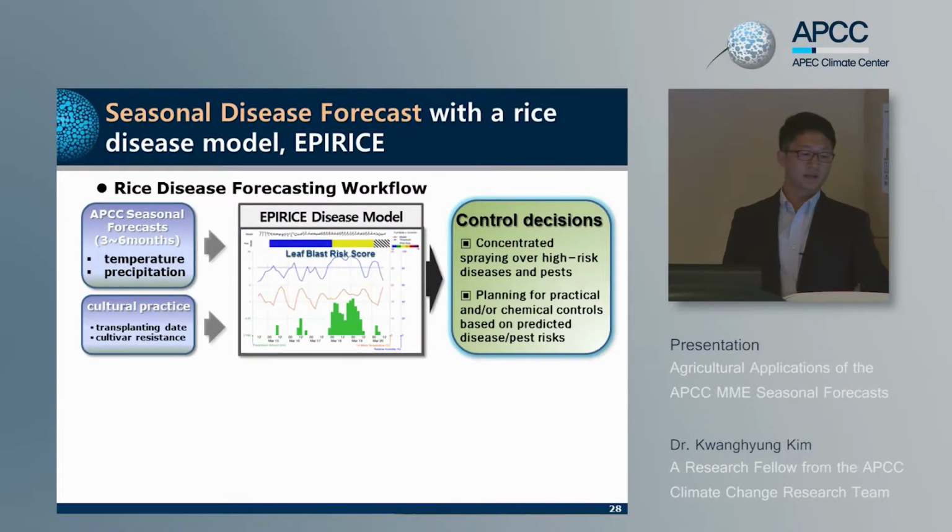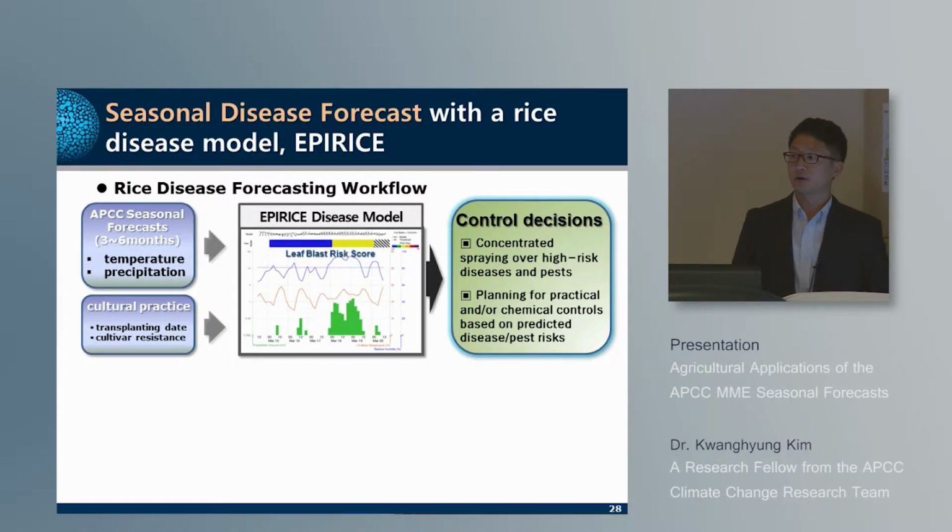This research aims to establish seasonal disease forecast, especially for rice disease. This EPIRICE is a rice disease simulation model for various rice diseases. It was recently modified in order to be parameterized based on Korean field characteristics.